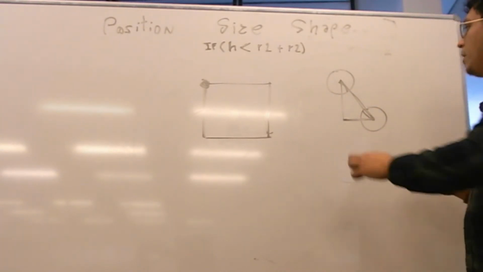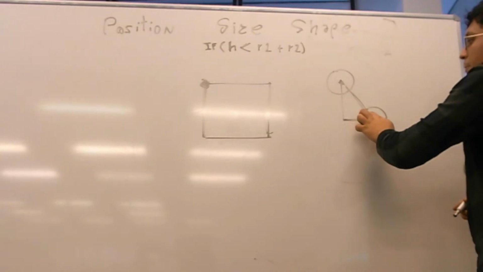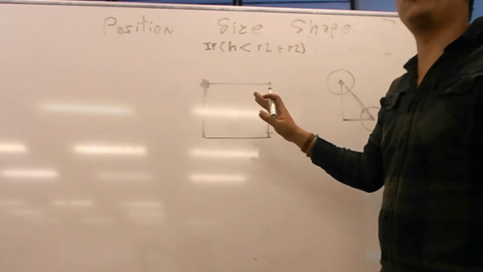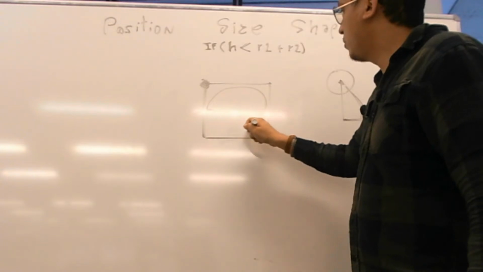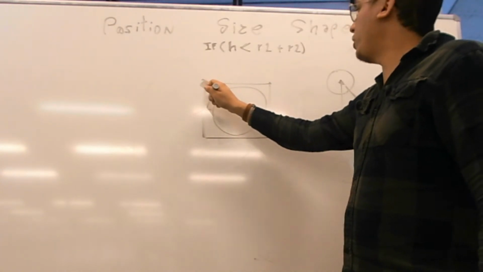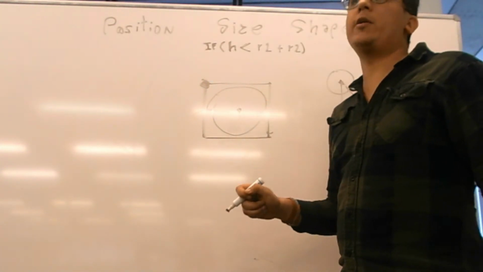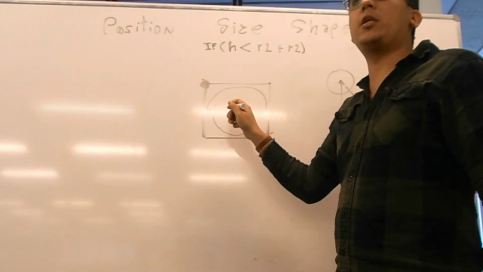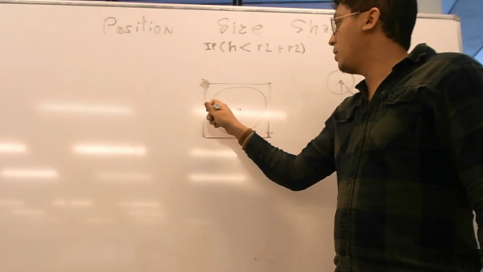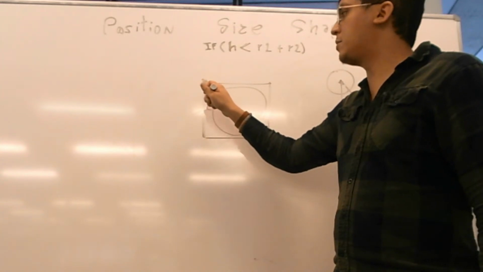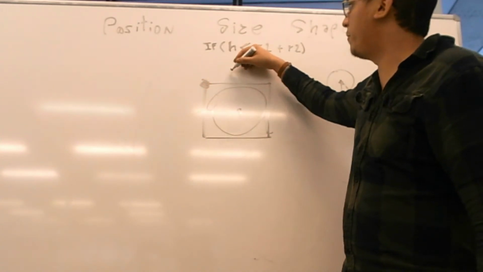Makes sense, right? But before we do that, the position, the center of our circles right now is here. So we need to shift it to be here. So how do we do that? We basically make their position this minus half of the width.